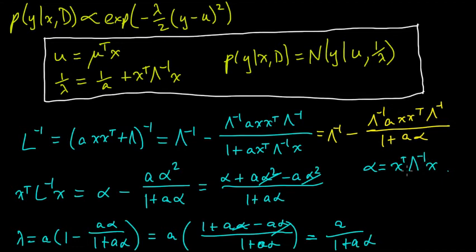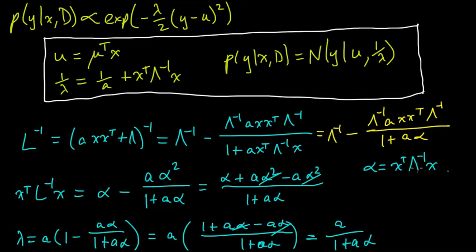And lambda inverse, in an earlier video, when we computed the posterior mean, remember that lambda inverse was the covariance matrix for the posterior distribution on W. And when we showed that lambda inverse exists in the sense that lambda is invertible, we actually showed that it was positive definite.